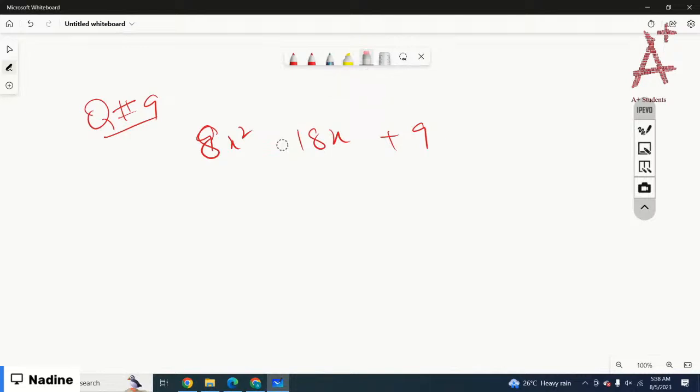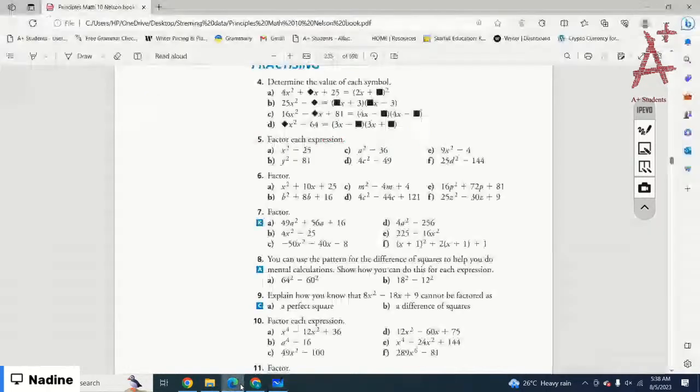You have to explain why, how you know that 8x square minus 18x plus 9 cannot be factored.